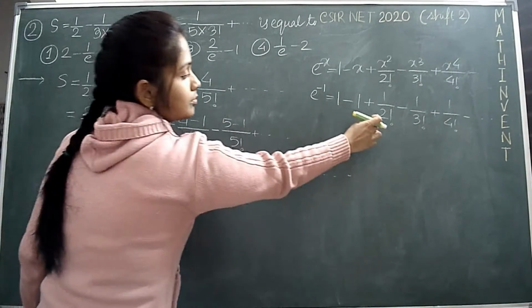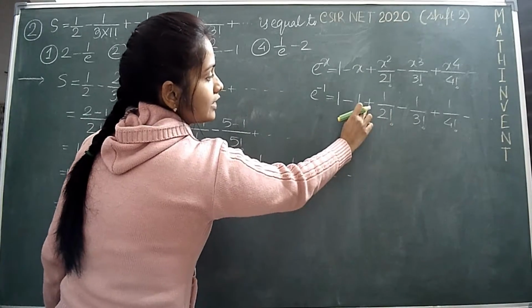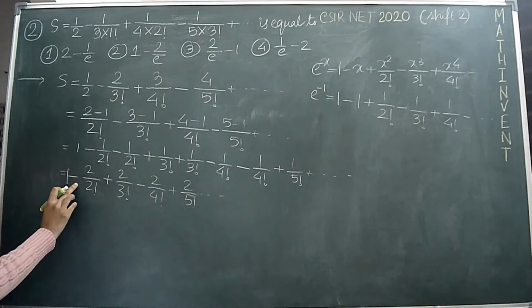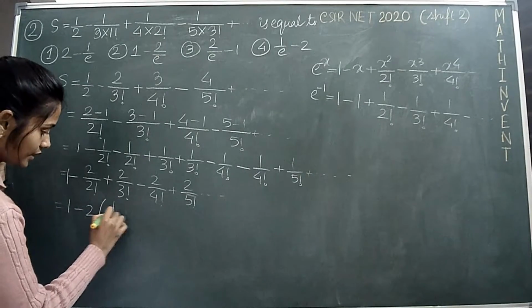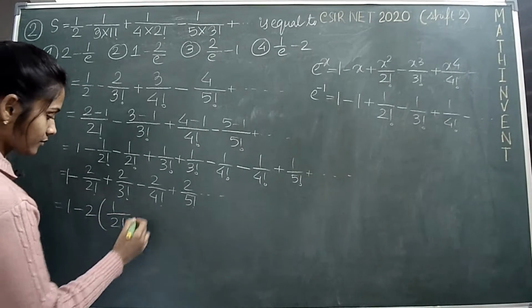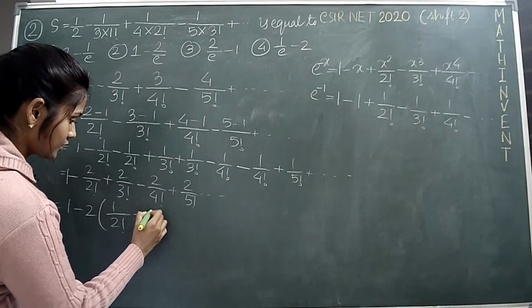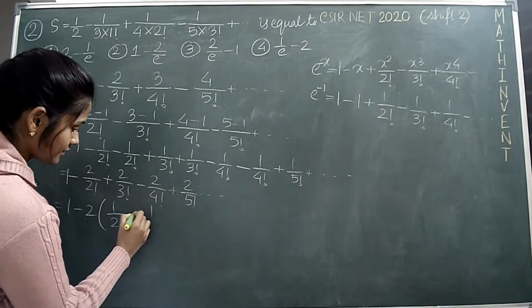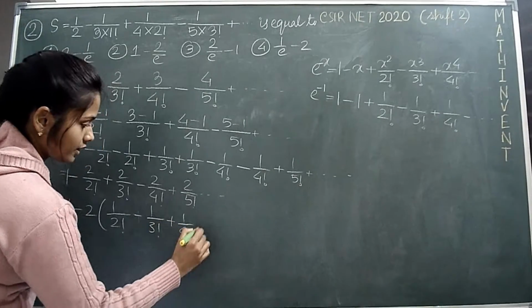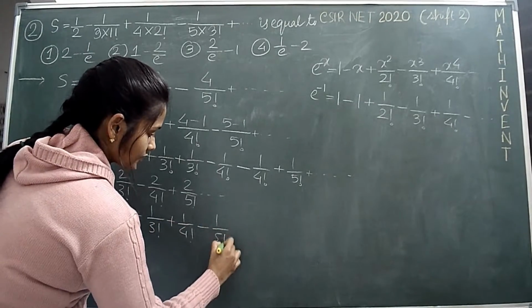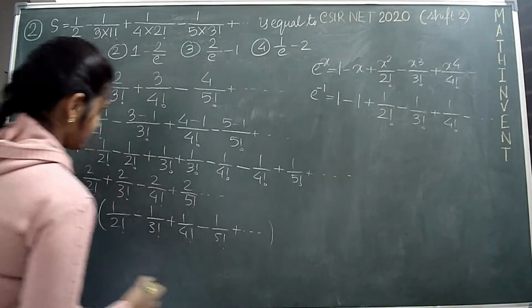Before 1 by 2 factorial we have plus, here we have minus, so we are taking minus 2 common out. So we will have 1 by 2 factorial minus 1 by 3 factorial plus 1 by 4 factorial minus 1 by 5 factorial, and so on.